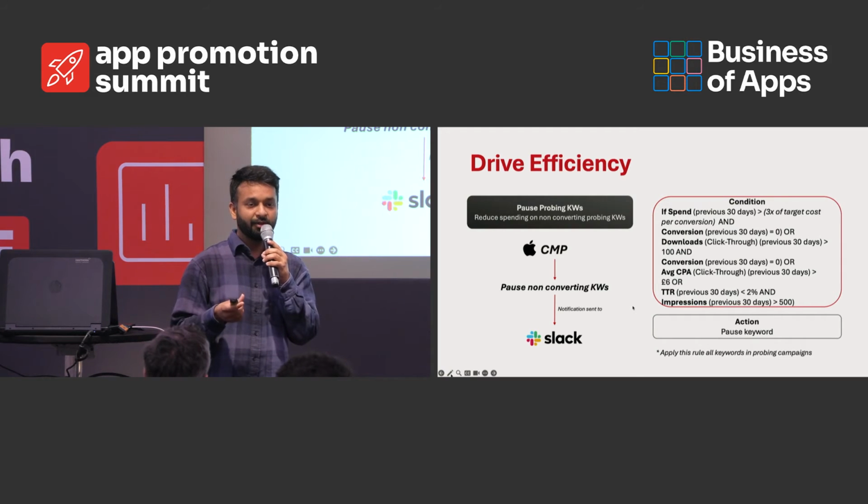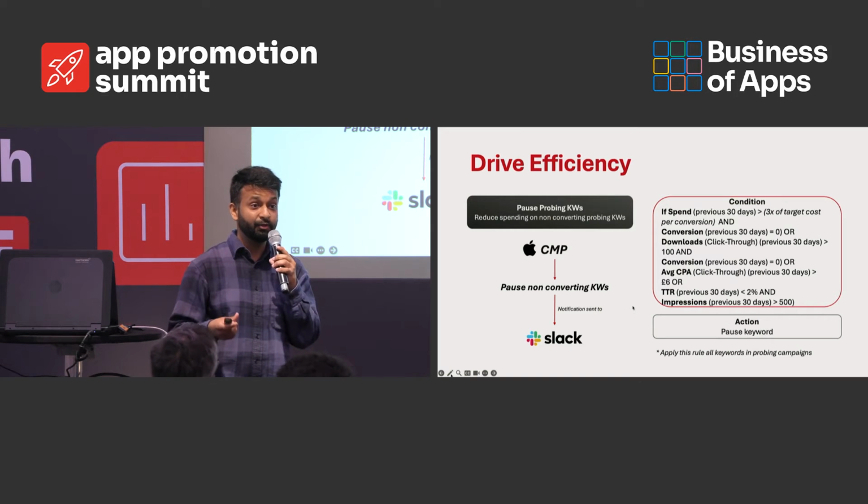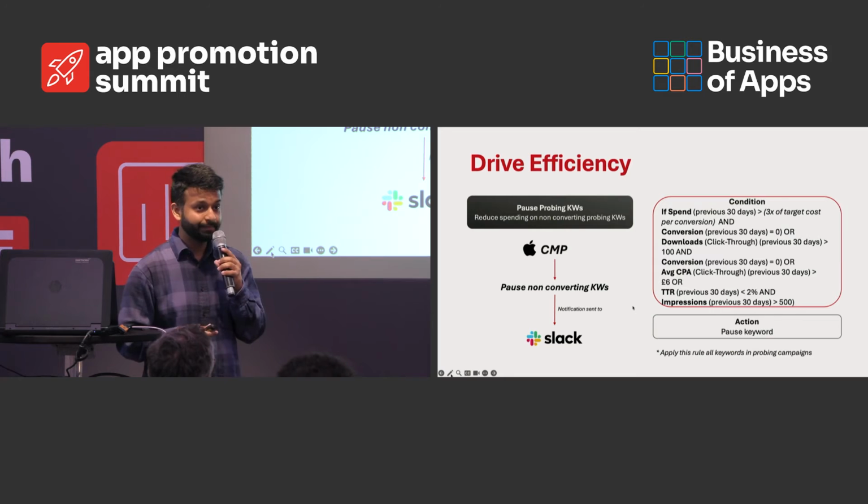And that's how you can make sure that the keywords you add to your probing campaigns are promptly paused if they don't drive any conversions, and that's how you can prevent wastage of budget.